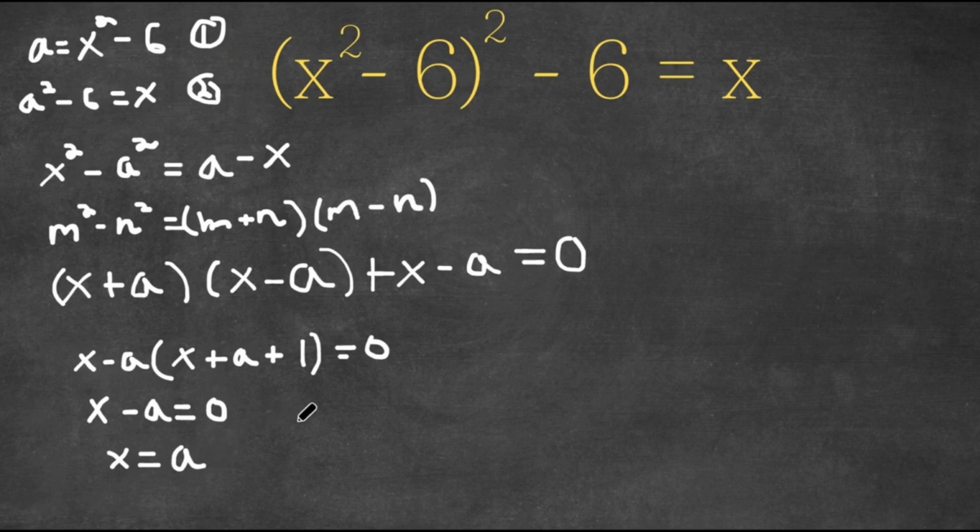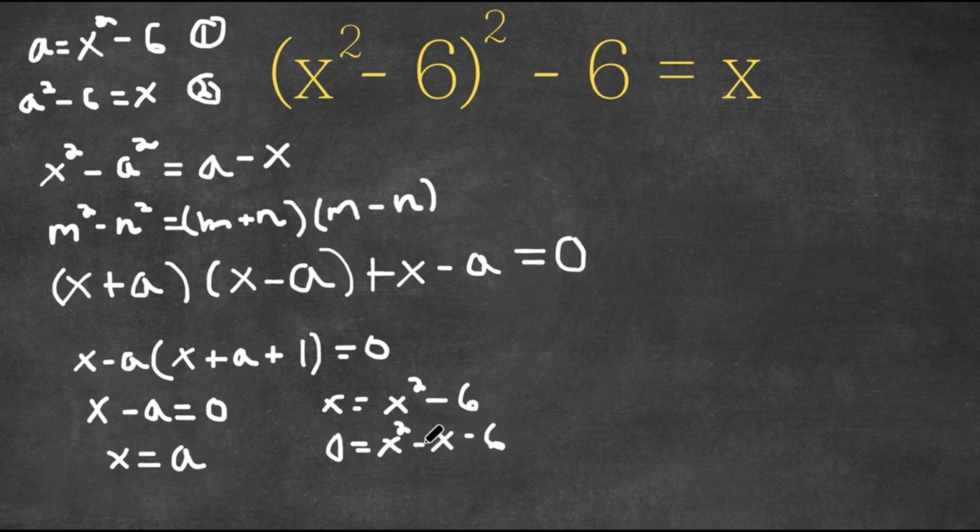Remember, a is equal to x² − 6 and x equals a. That means x equals x² − 6. If we subtract x on both sides, we get 0 is equal to x² − x − 6.